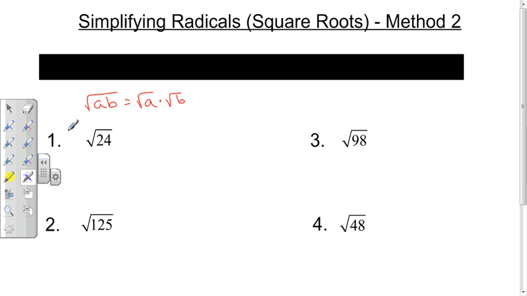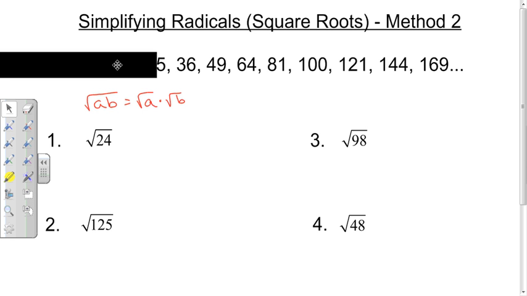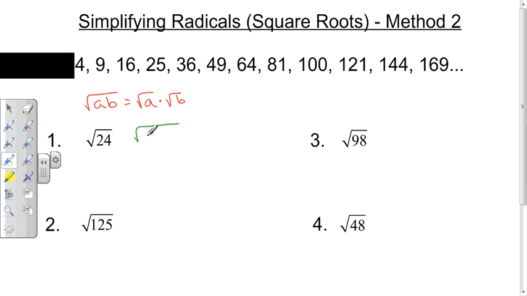So let's combine that with the question: what is the biggest perfect square that goes into 24? If we work backwards from 24, here's 25, and then going backwards, 16 doesn't go into 24, 9 doesn't, but 4 does. I'm going to quickly split 24 into the square root of 4 times the square root of 6, which by this property is just equal to 2 root 6.